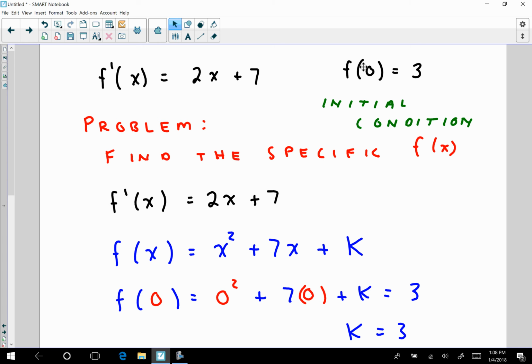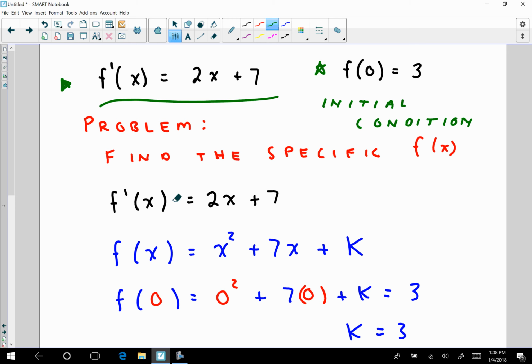This is going to be called an initial condition for our problem. So we have two conditions: f prime is 2x plus 7 and f of 0 is equal to 3. Those are my two conditions, condition 1 and condition 2. And the problem is to find the specific f of x.